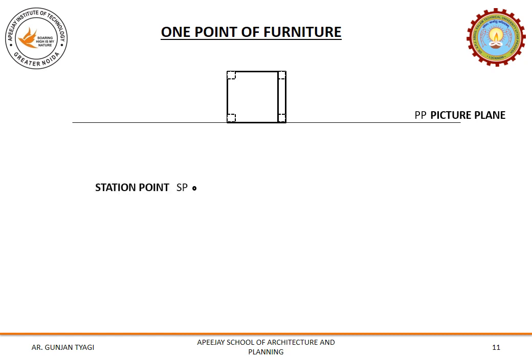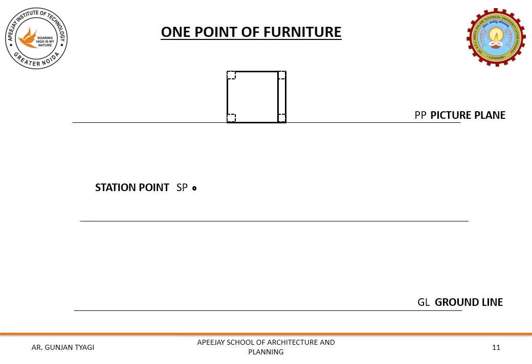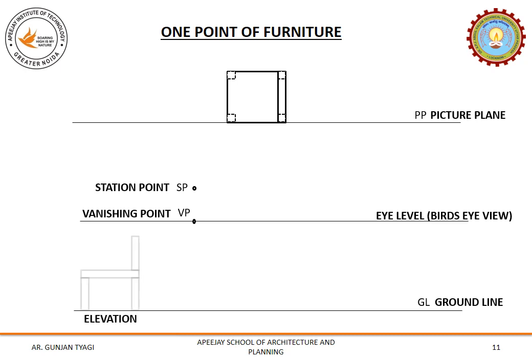So this is the station point. Now we'll have a ground line and the line where we'll have our vanishing point. So this is where we have our vanishing point, and this eye level is the bird's eye view for the chair. And now we'll have the elevation of the chair.